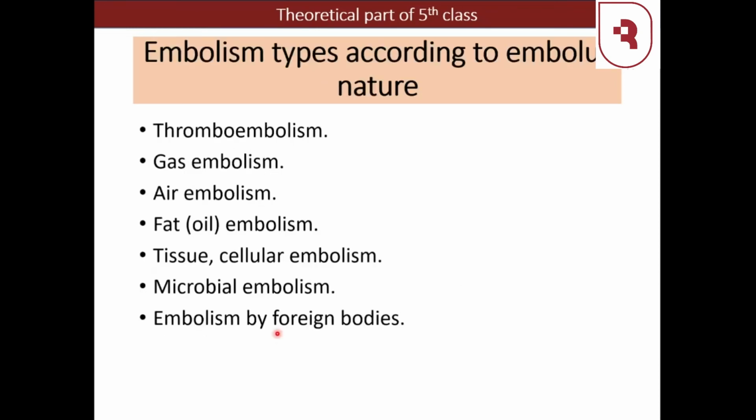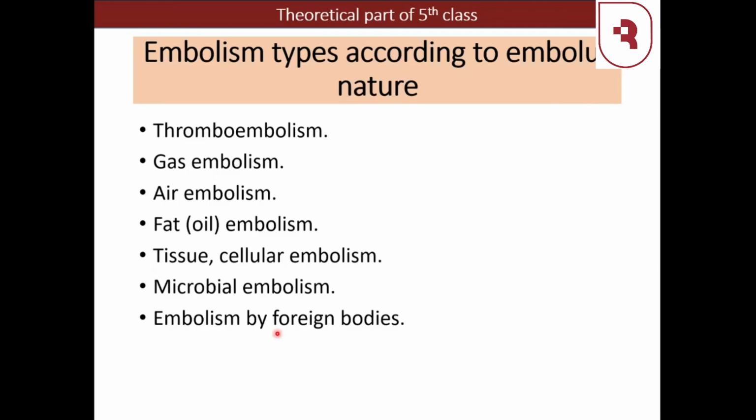There are different types of emboli. First of all, we should remember about thromboembolism. It is one of the most common types of emboli. So first of all, there is a thrombus, and from the thrombus we may see spreading of some pieces.